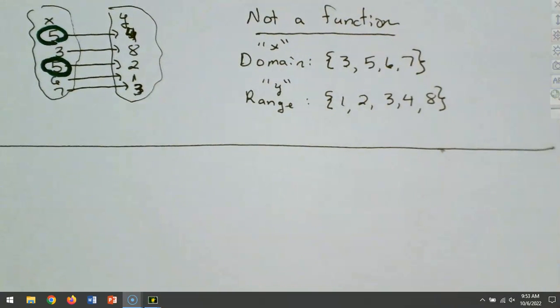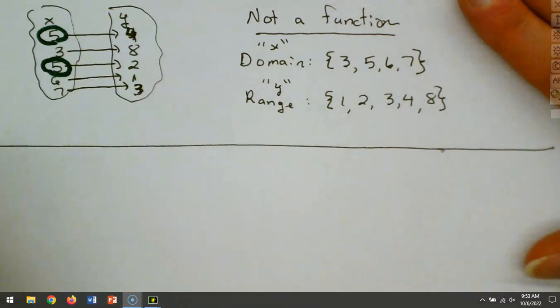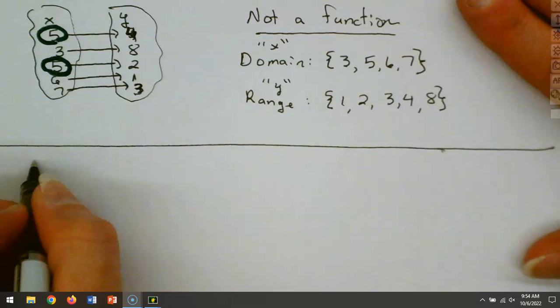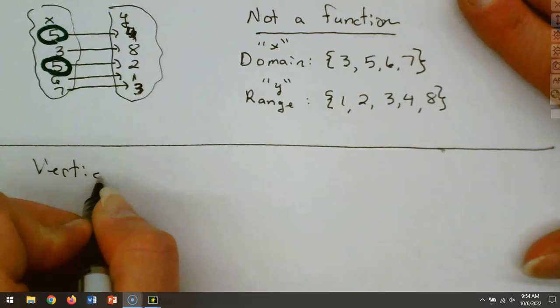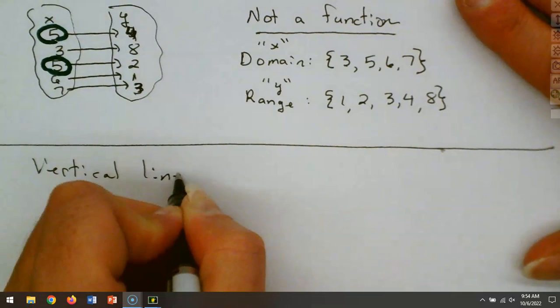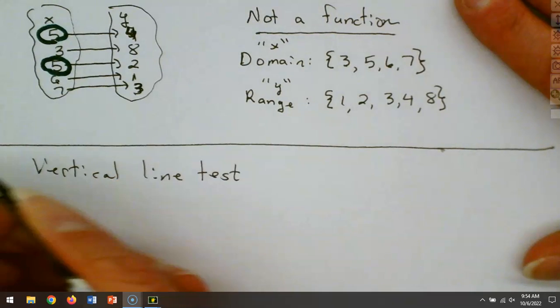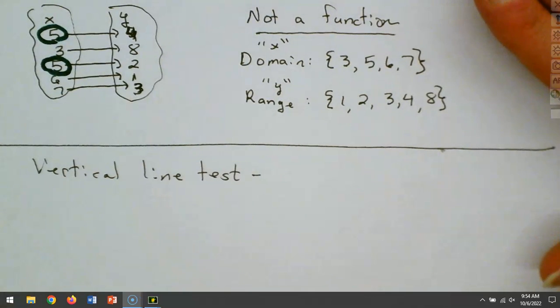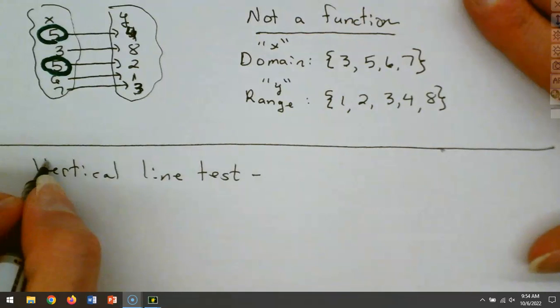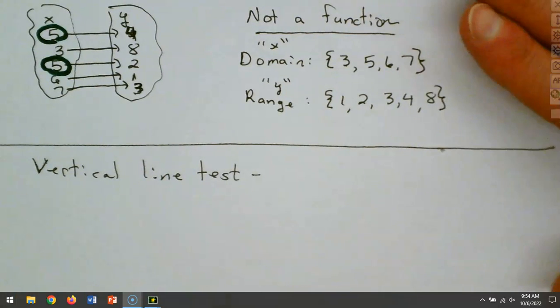It just changes things. Now we're going to look at graphs, and we're going to talk about these graphs and see if these graphs are functions or not. And we're going to use what's called the vertical line test. Many of you are probably already familiar with the vertical line test.